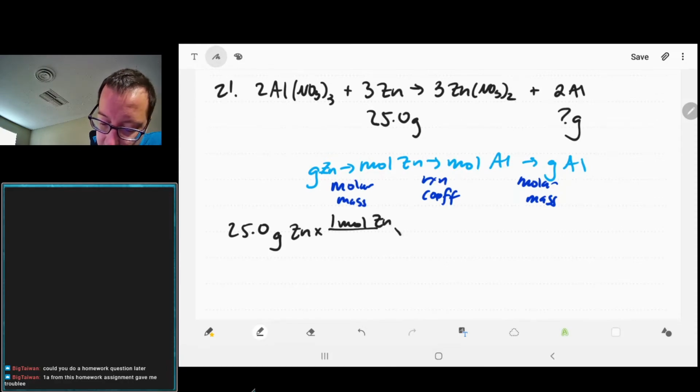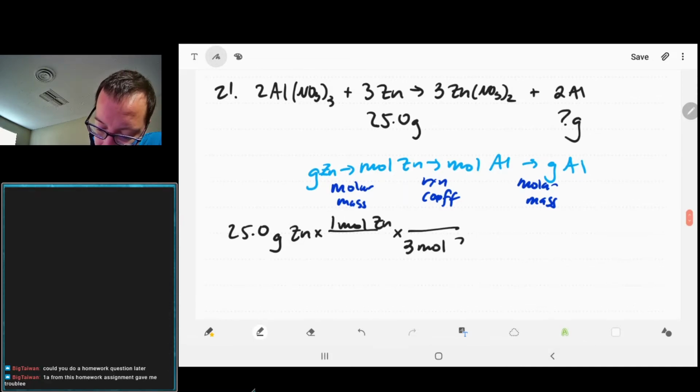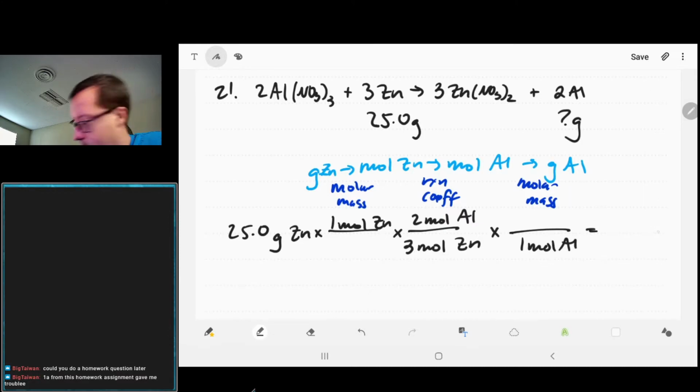I'm going to look up the atomic masses in just a sec, but I'm going to get the rest of this set up first. Okay, so where did I put my little book? Alrighty. So, atomic mass of zinc, 65.39.